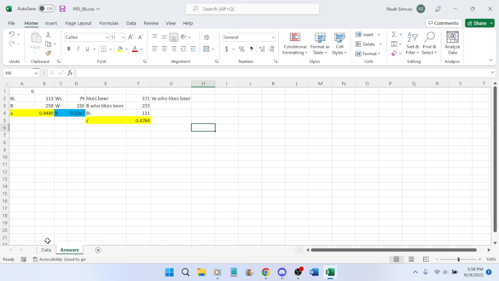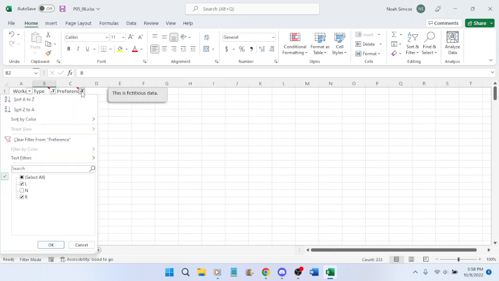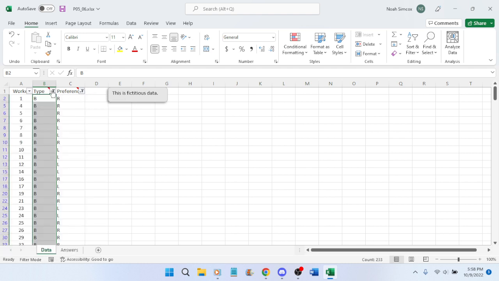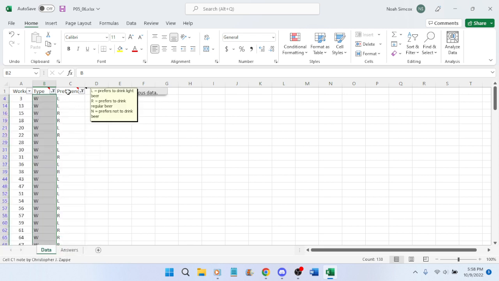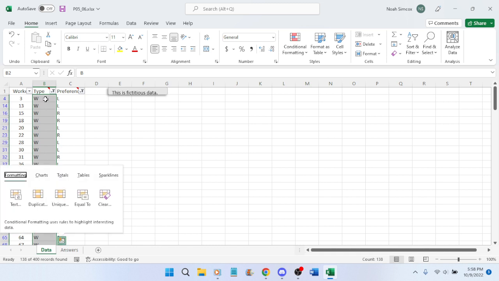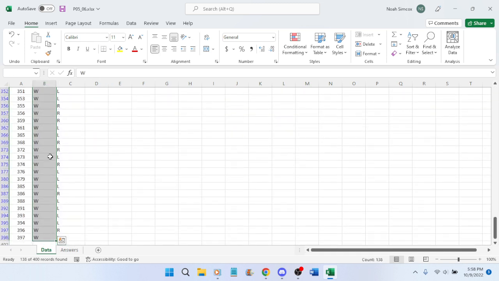We will just undo all the filters again. Never mind. It is now currently selecting those who like beer. We now will switch this from B to W. And now it should give us those total amounts. So, it's already selected. We may as well just do it again just to be safe. And 138.